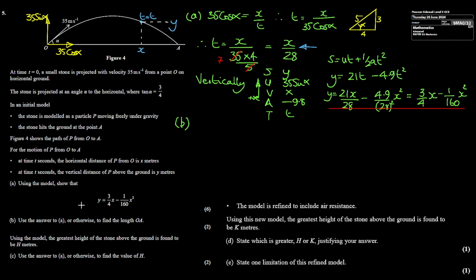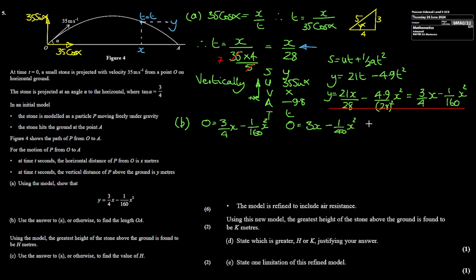Part B, we've been asked to use the answer to part A or otherwise find the length of OA. Well, the length of OA will be a value of x, but the significant thing about OA is that y is equal to 0. So if I substitute y equals 0, I should get an answer for x. I can first of all multiply through by 4. That'll get rid of this, so I get that 0 is equal to 3x minus 4 over 160, which is 1 over 40, x squared.